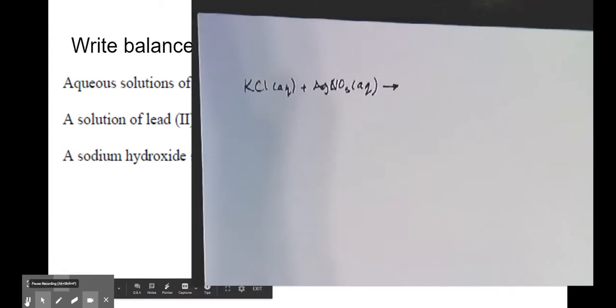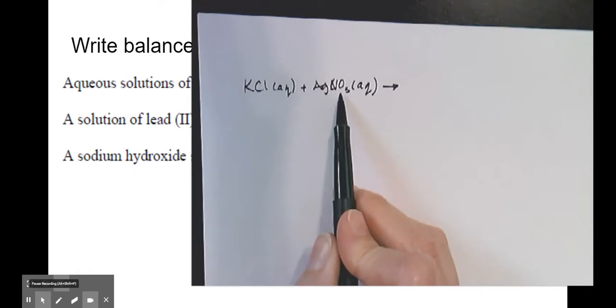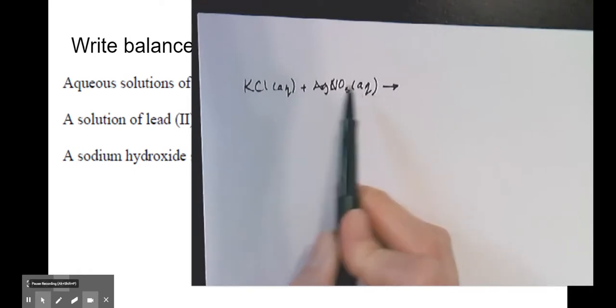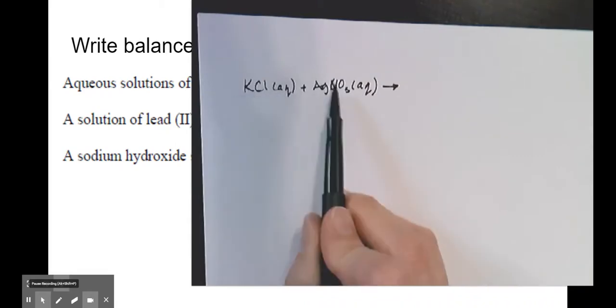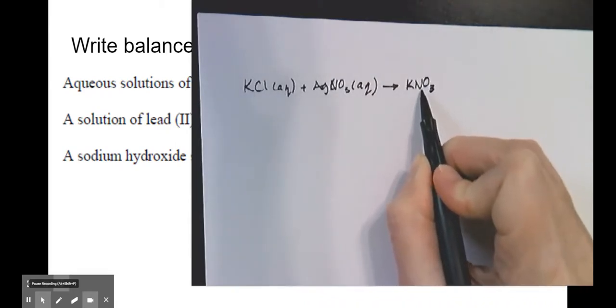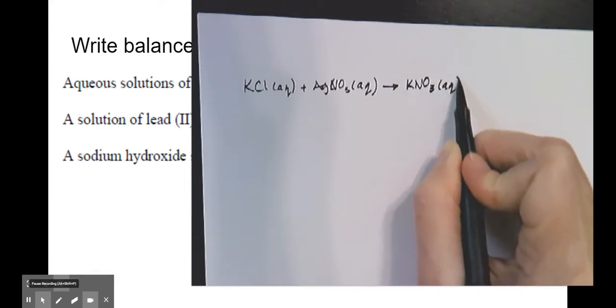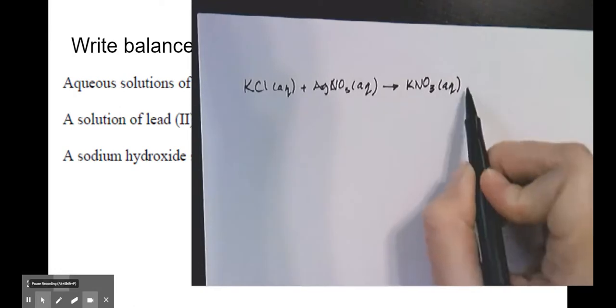Okay, for the first one I wrote potassium chloride, which is aqueous, and silver nitrate, which is aqueous, and this is a double replacement, so we now have potassium with nitrate, and because it's a nitrate we know it's going to be soluble, so you write aq, and then we have silver with chloride.